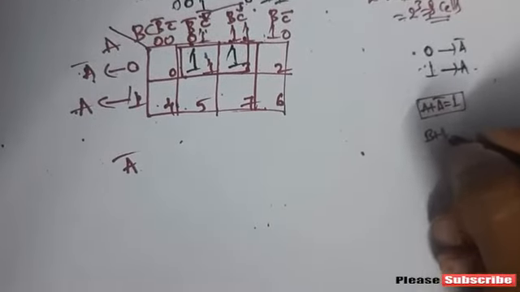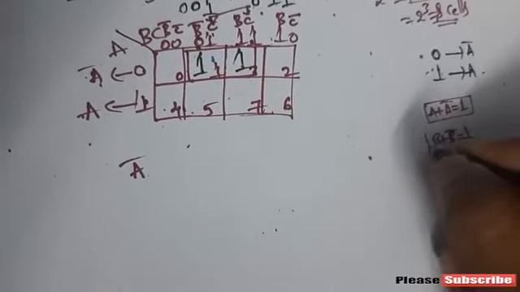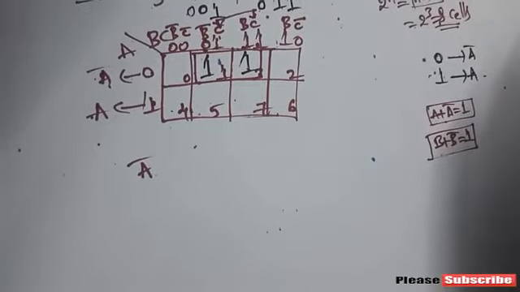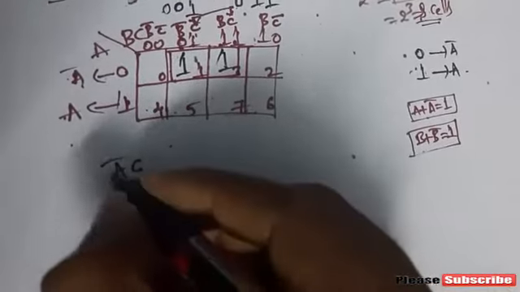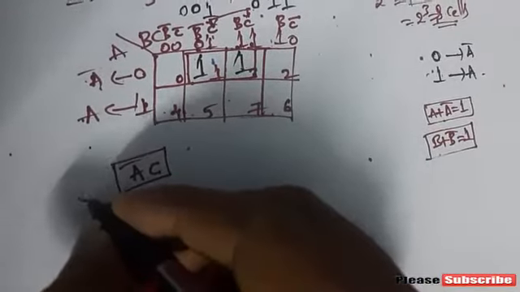Here both ones are the same, but 0 changes to 1. That means B plus B bar is equal to 1. We know the property. So the answer for these two cells will be A bar C.